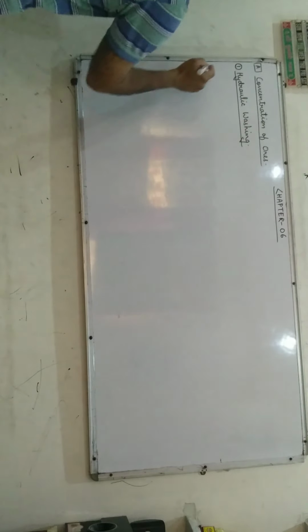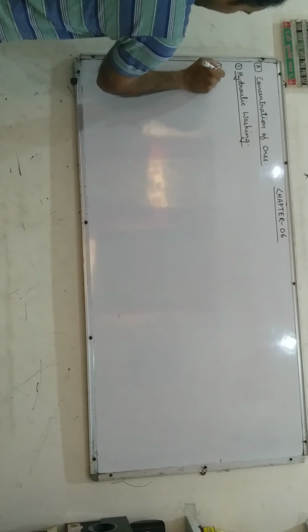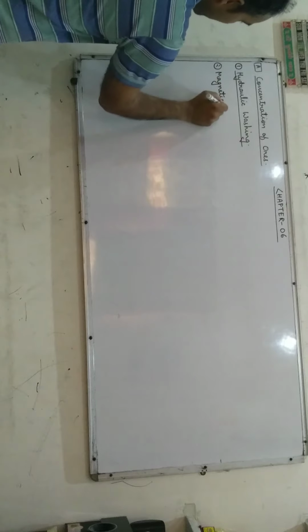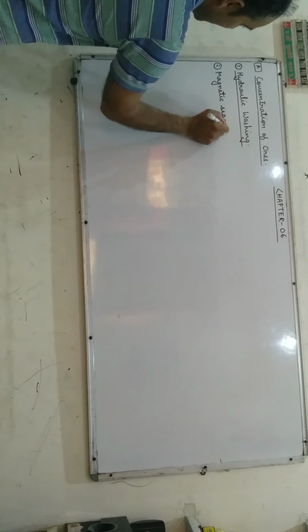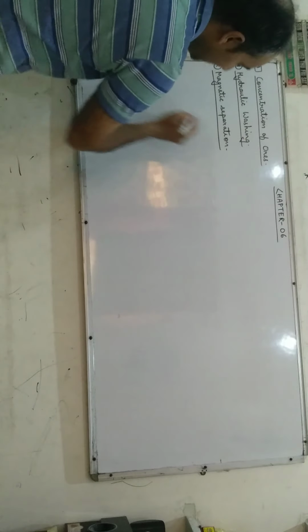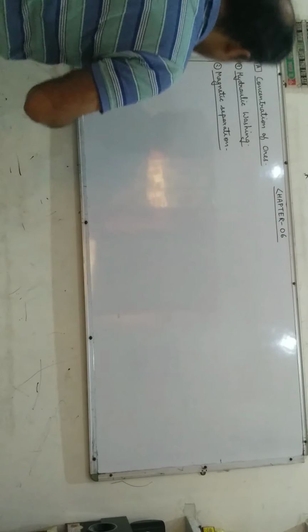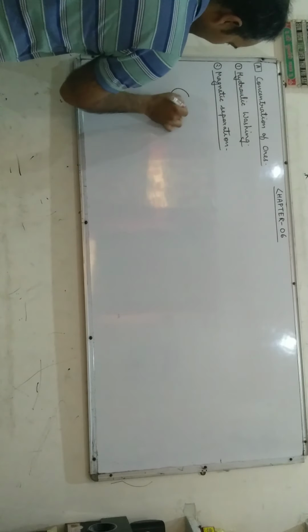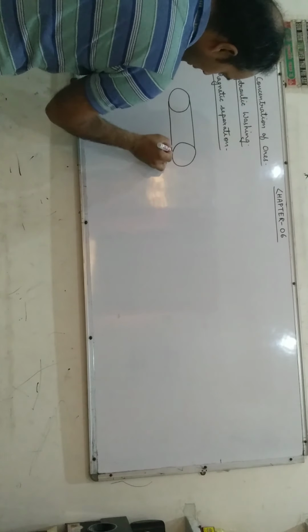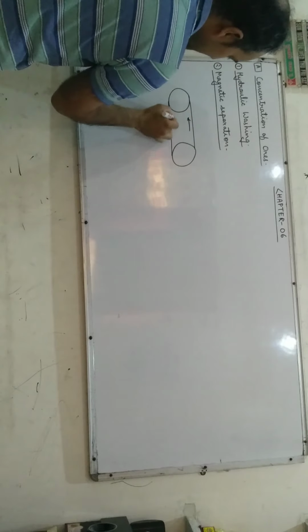The second method used for concentrating ore is magnetic separation. Magnetic separation method is used for separating magnetic ore from non-magnetic impurities.